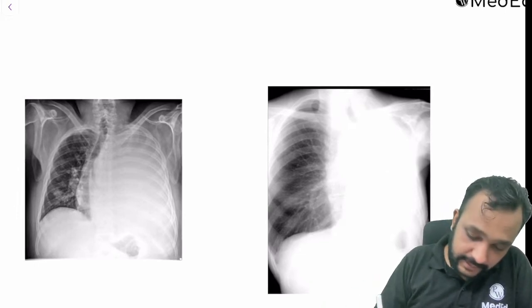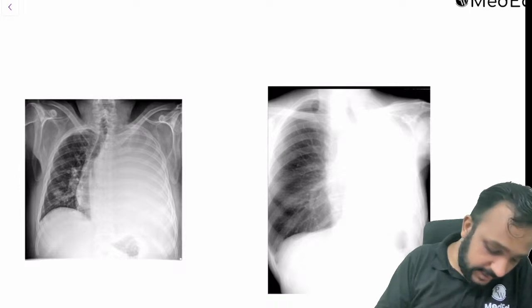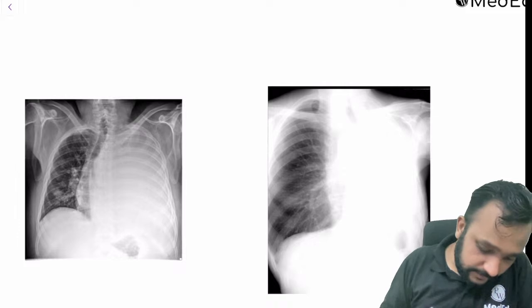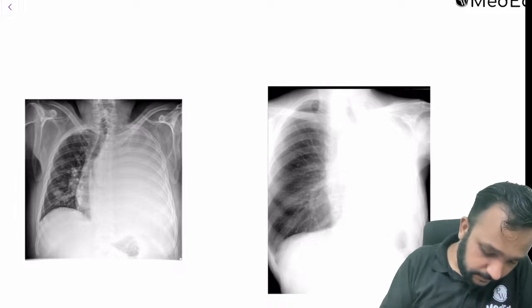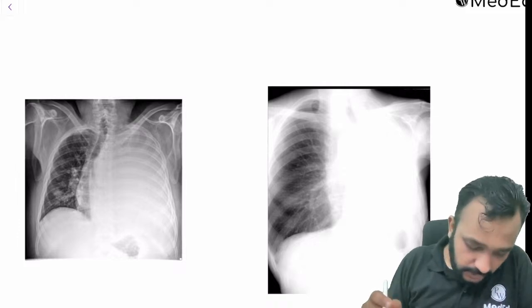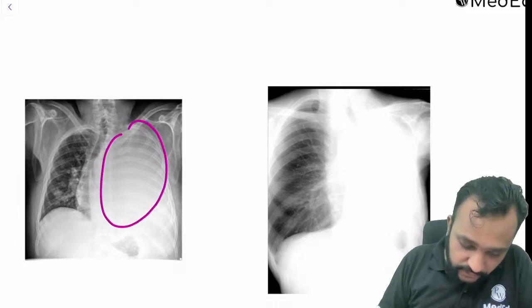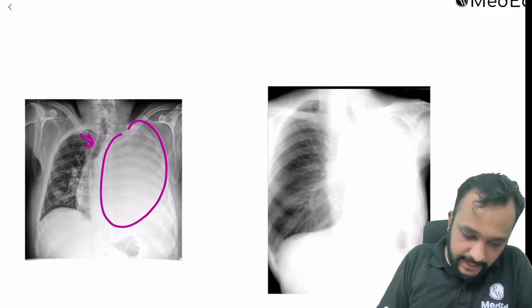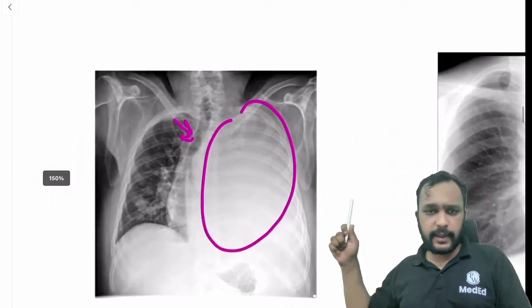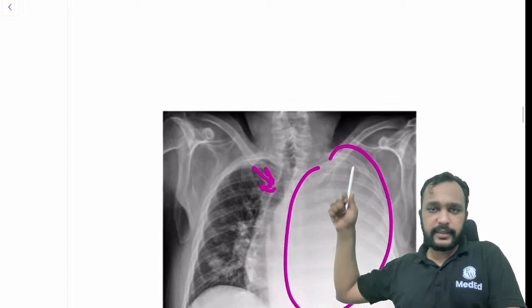Now moving on to the next image, we will see that there is an opaque hemithorax, right? So there is an opaque hemithorax, and in the first image you can see that the trachea has been shifted to the other side.